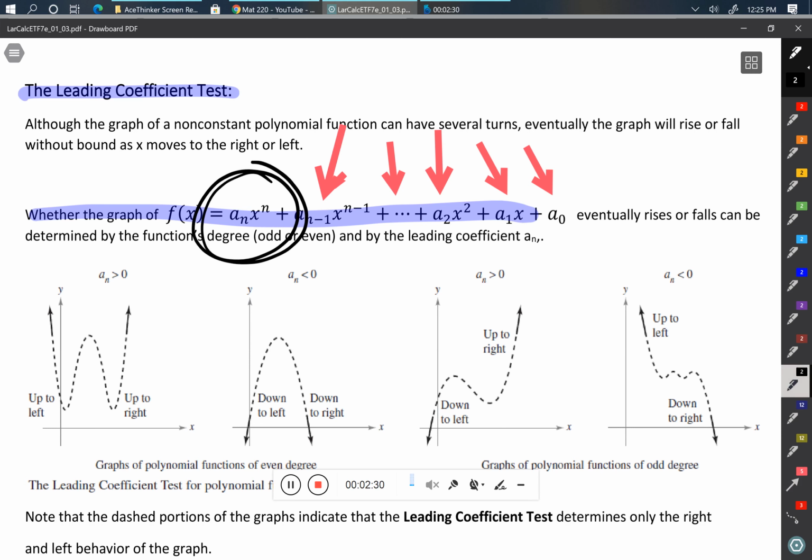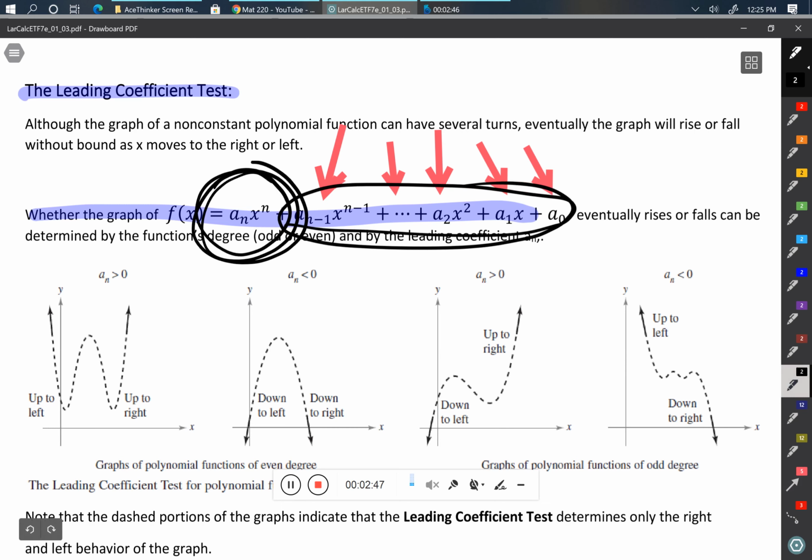All we need to know is whether that leading coefficient is positive or negative, and whether the polynomial is even or odd. All of this stuff in here just makes it wiggle in the middle. But the leading term out there controls the end behavior, which is why that's all we care about.